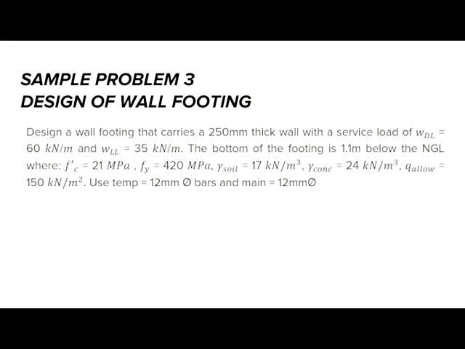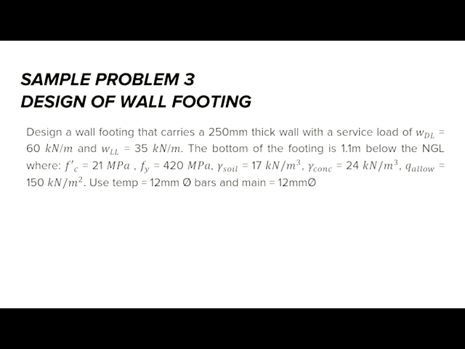So last but not the least example, consider this: design a wall footing that carries a 250 millimeter thick wall with a service load of WDL equal to 60 kilonewton per meter and WLL equal to 35 kilonewton per meter.